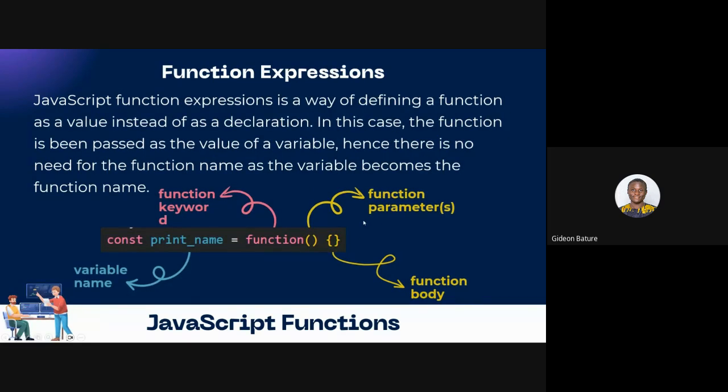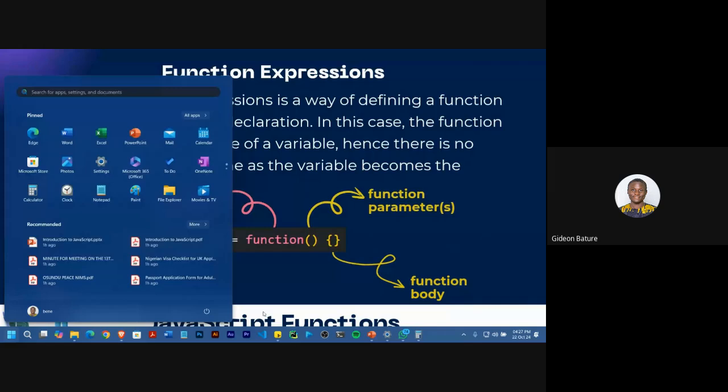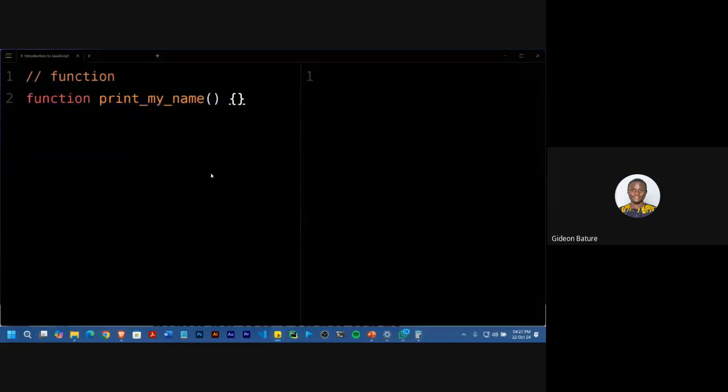Next, we have function expression. Function expression is another way of declaring your function. It's just a little bit different. Do you remember when we were talking about declaring variables? You can also use a function like a variable.